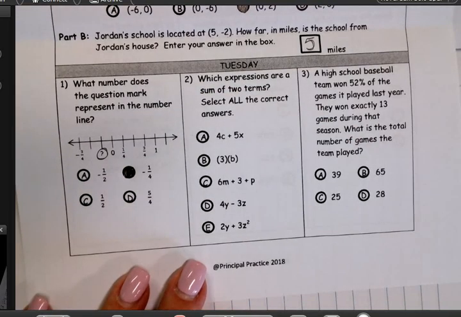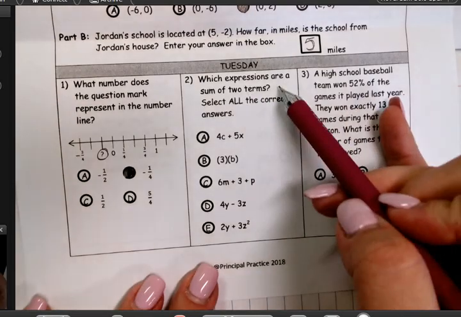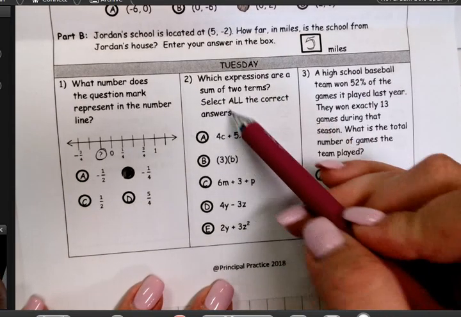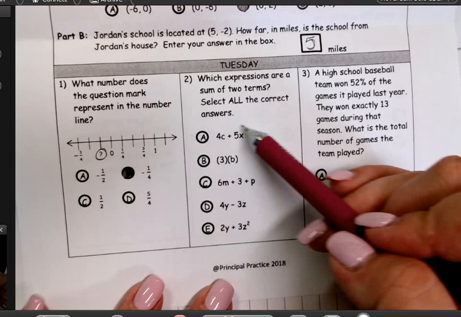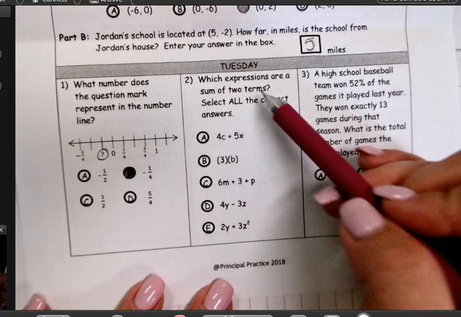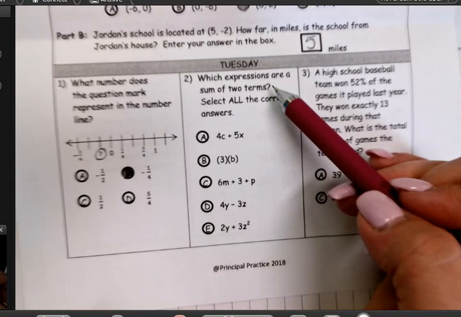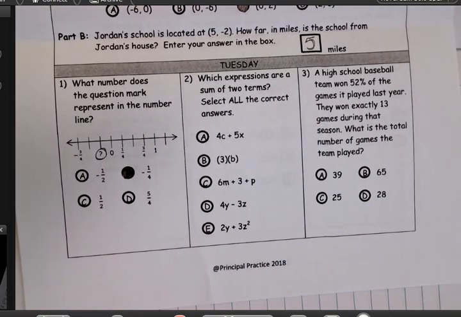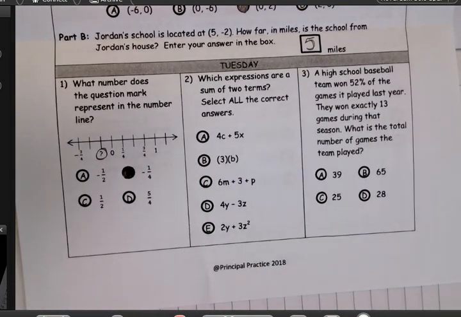Number 2, which expressions are a sum of two terms? Select all the correct answers. What is the difference in an expression and an equation? Okay, one I solve, one I don't.